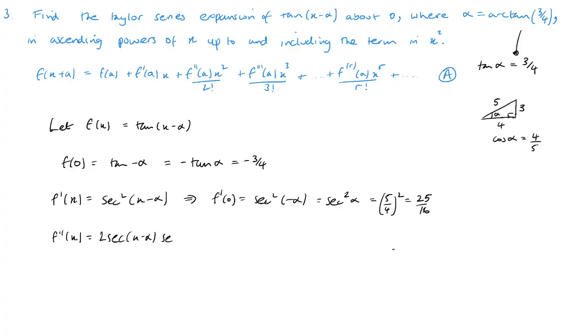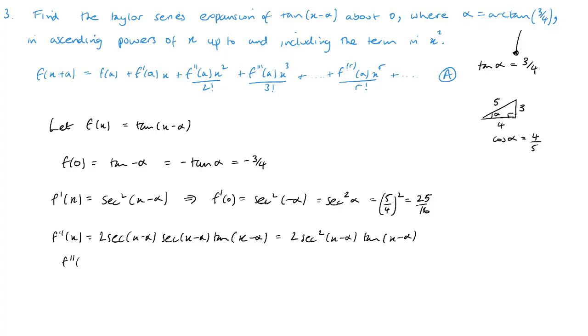So this will be sec x minus alpha tan x minus alpha, or 2 sec squared x minus alpha tan x minus alpha. I can see why they don't want us to differentiate a third time, because it's starting to get more and more difficult.